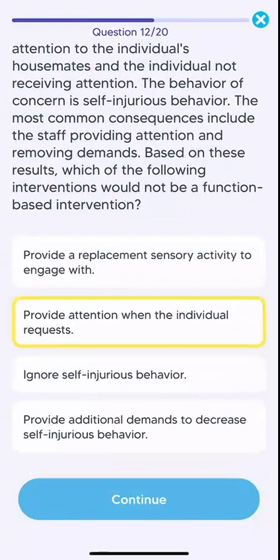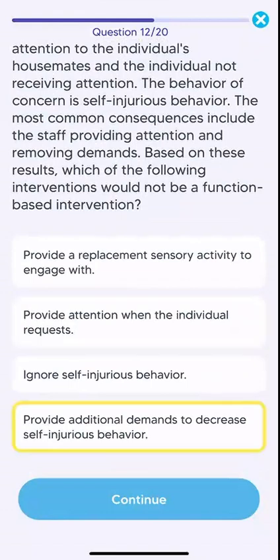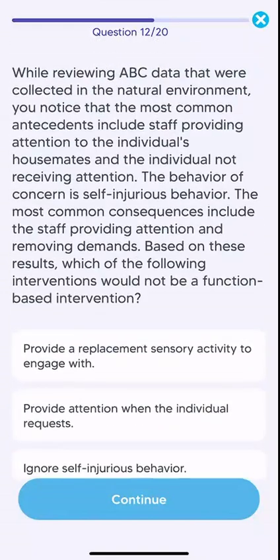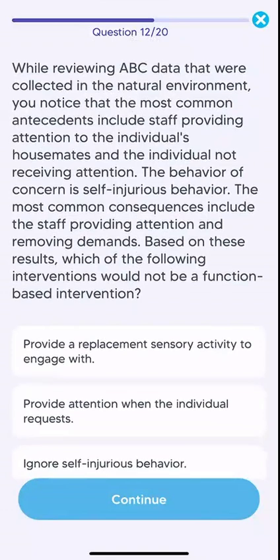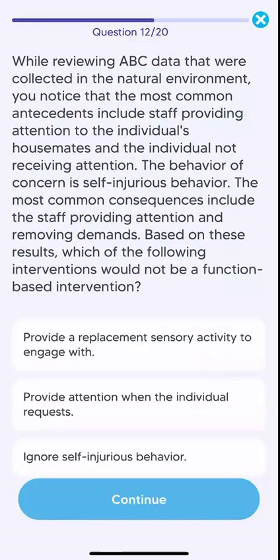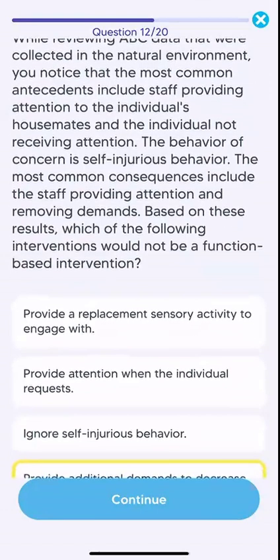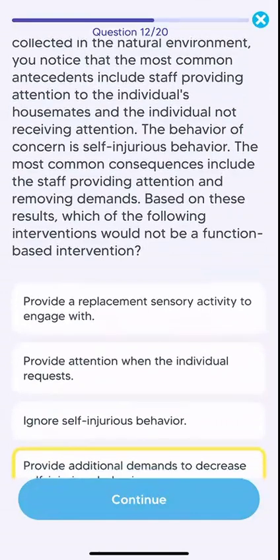No, no, no, no. This one. Did you go? Because I'm not with you. I'm looking for my charger. You notice that the most common antecedent included staff providing attention to the housemates, nanny, and the individual not receiving attention. The behavior of concern is self-injurious behavior.